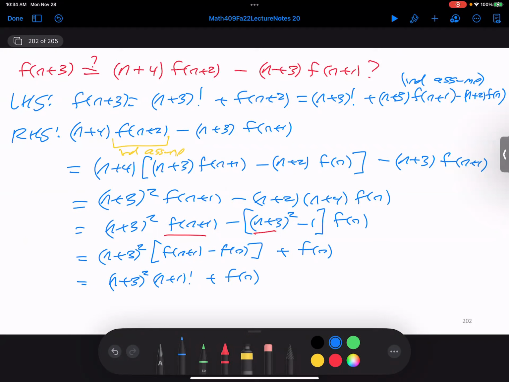So notice we're trying to show the right-hand side is the sum of n+3 factorial all the way down, right?